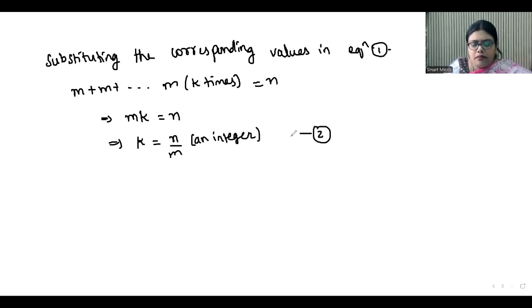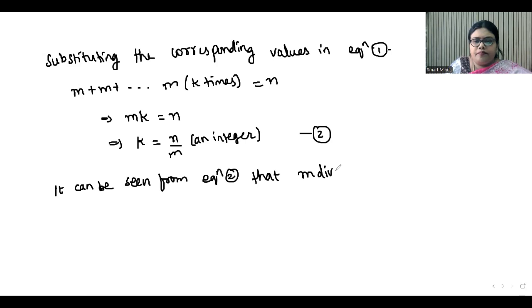Equation number 2. Now it can be seen from equation number 2 that M divides N. Therefore, you can say that order of H divides order of G. Hence proved.